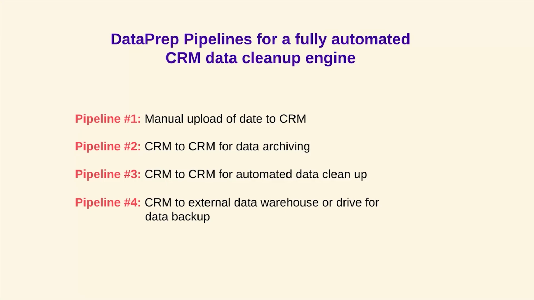Like I said, 4 is the bare minimum that you would need, but it can go up to 5, 6, however many are required. You need to identify all of those things, build those pipelines, automate them, and then set up a process so that your CRM data hygiene is maintained.